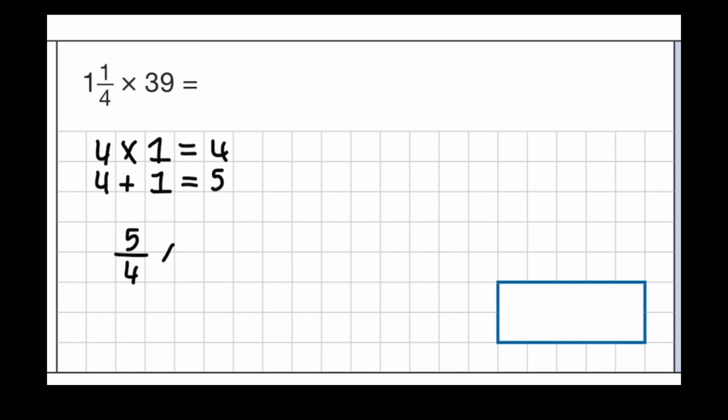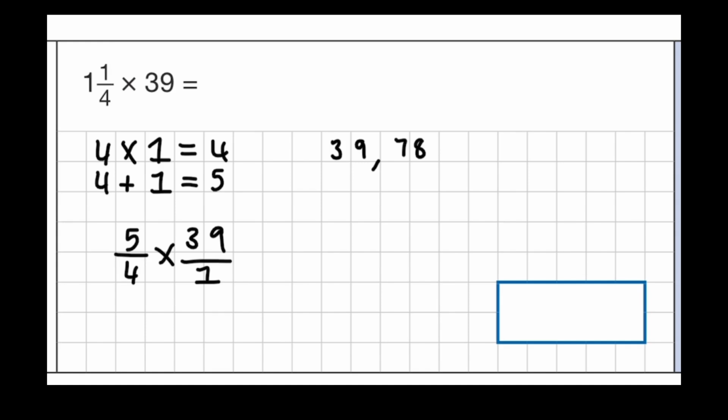Now we need to convert 39 into a fraction, which we know would be 39/1. When we multiply, we just multiply the numerators and the denominators. We don't need to change the denominators, as we've learnt previously. So we need to do 5 multiplied by 39 first of all. That's the numerators. So I'm just going to write out the multiples of 39. 39, 78.